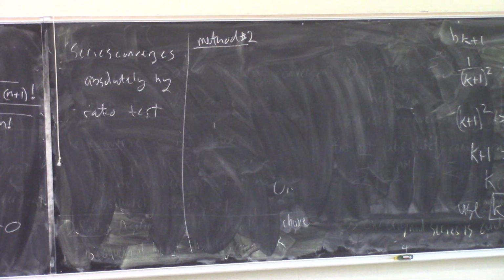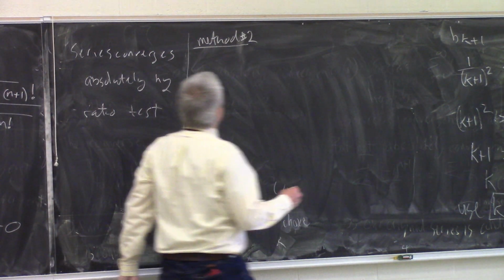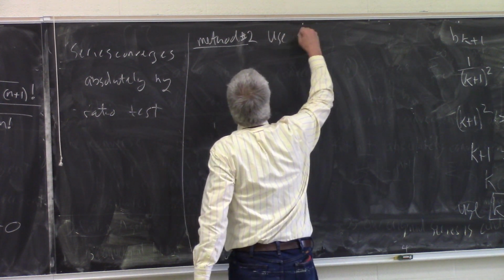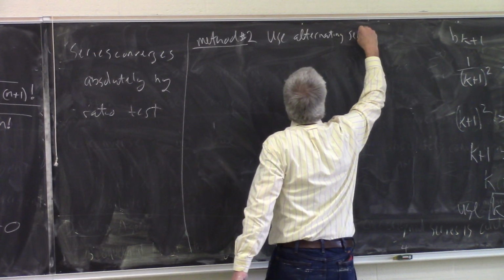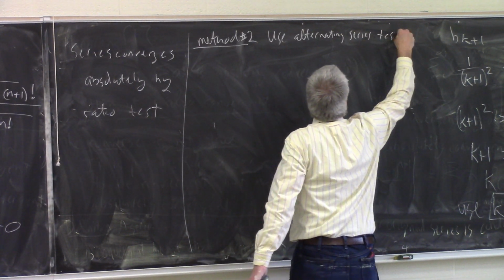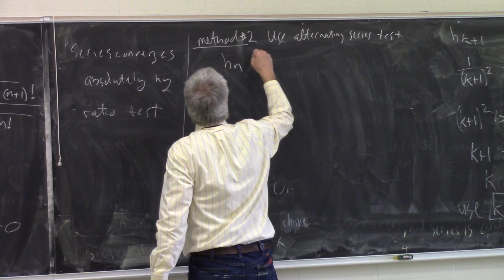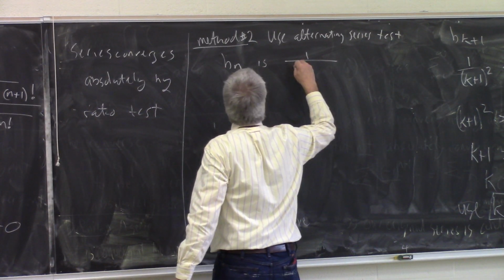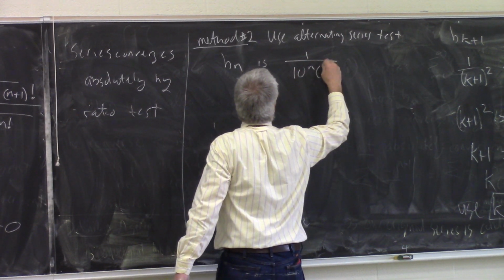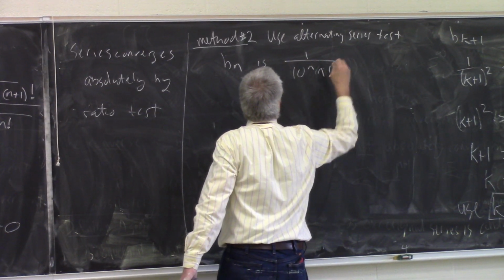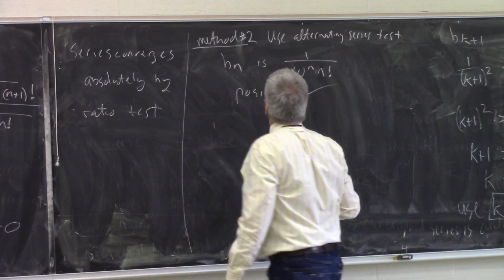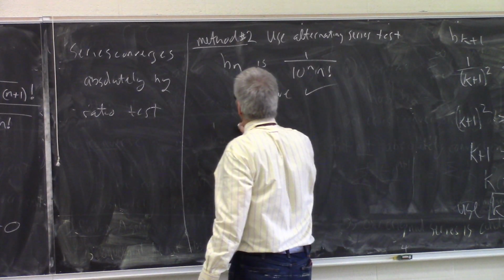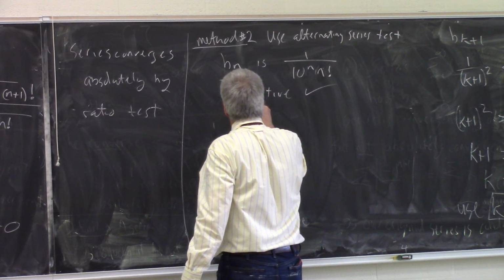Method 2 is to use the alternating series test. So the b_n is 1 over 10^n n factorial. So this is positive. It's decreasing.